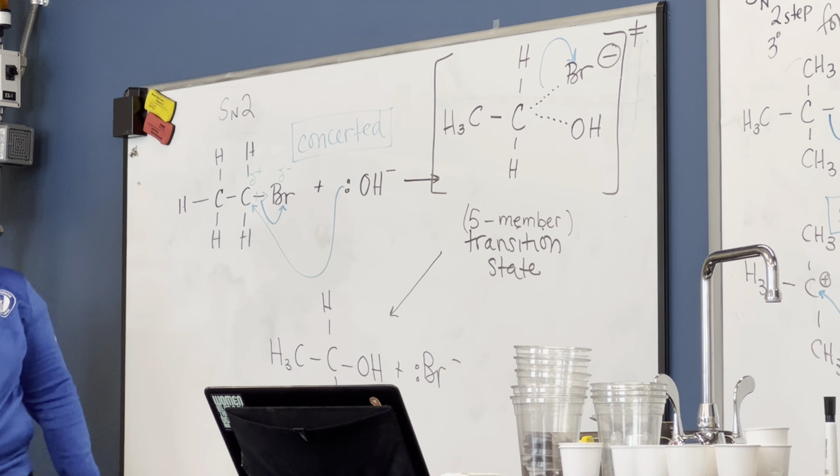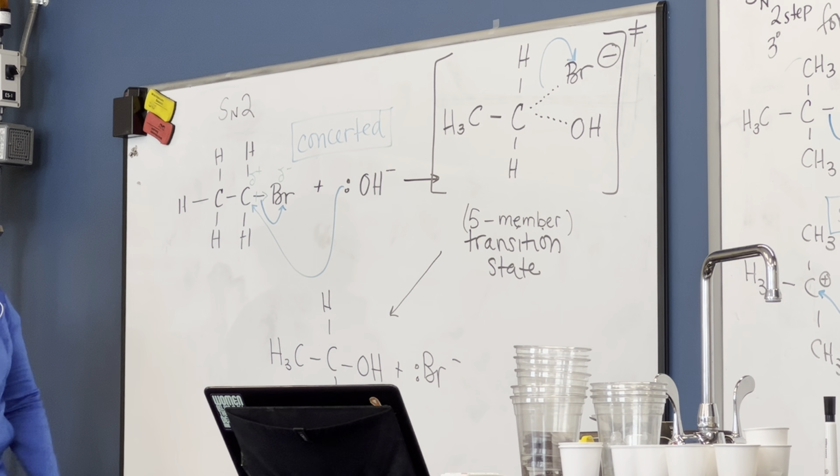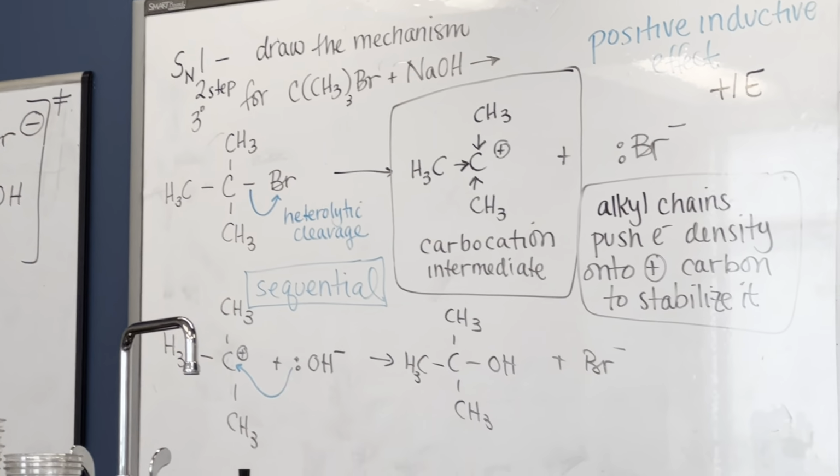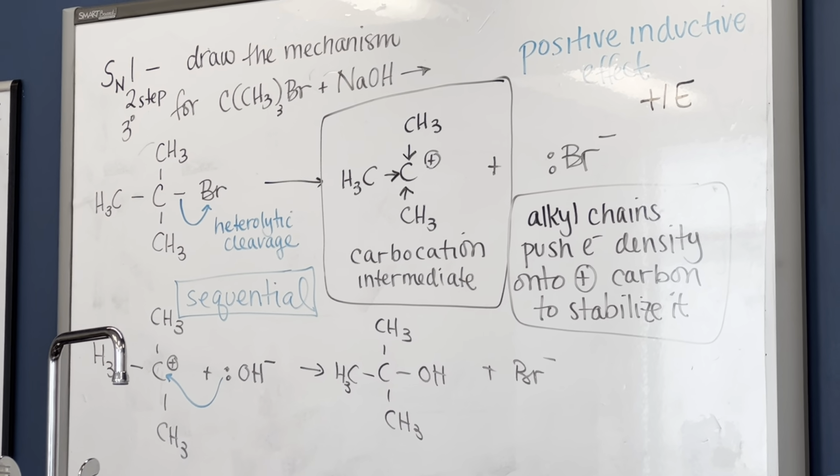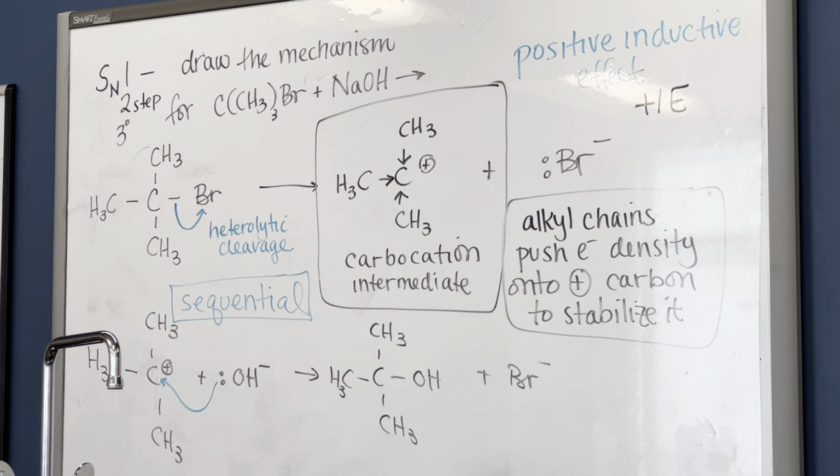On the center board, I told you that the SN1 reaction could take place because the carbocation intermediate was pretty stabilized by this positive inductive effect. Instead of one carbon losing a full electron, all the carbons kind of pitch in and make it not so hard on that singular carbon. Here there's another thing that's trying to help make sense.